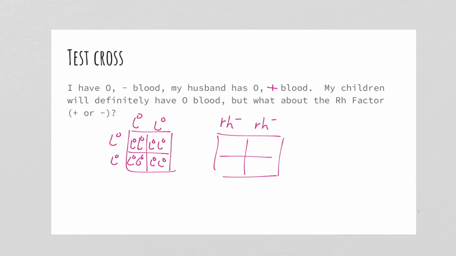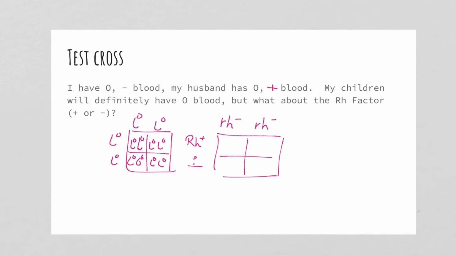So again, what will my children be? We know that my husband has at least one positive dominant trait. We don't know what the other one is. By having the recessive individual mate with the positive individual, you're doing what's called a test cross. We know that the recessive will always give the recessive allele to the dominant.